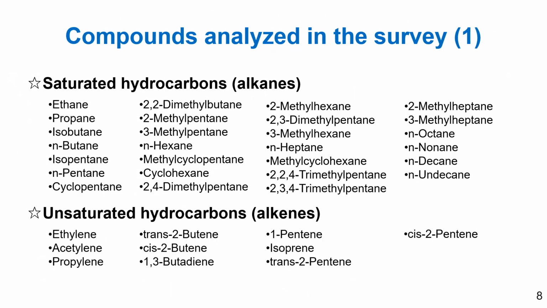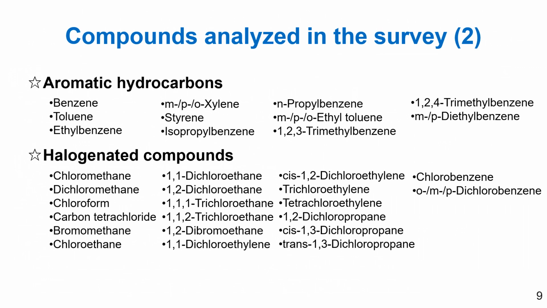The compounds analyzed in the survey are as follows: 27 types of saturated hydrocarbons, alkanes, and 10 types of unsaturated hydrocarbons, alkenes, 15 types of aromatic hydrocarbons, and 22 types of halogenated compounds.